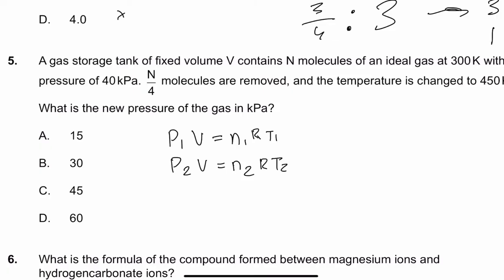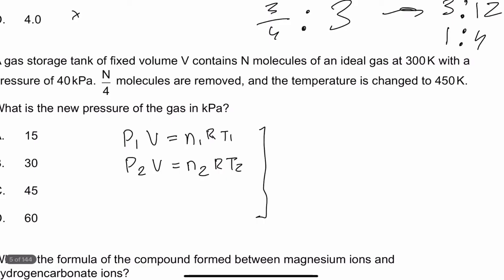So now that we've seen these two, we can form a ratio from the two equations. And the easy way to do this is just by forming it into P2 over P1 equals N2 T2 over N1 T1.